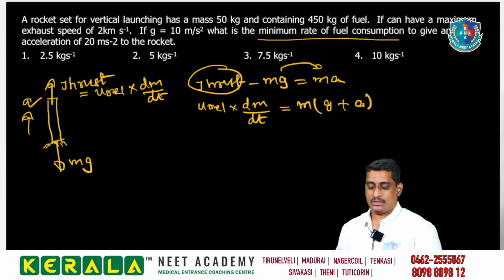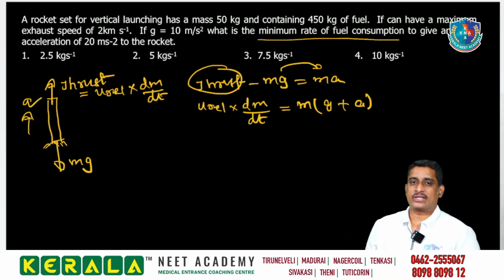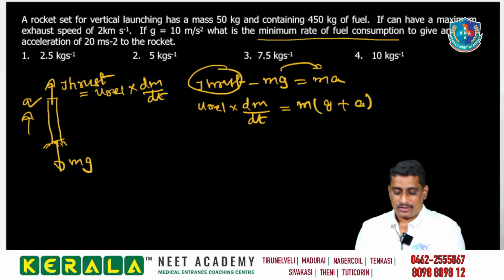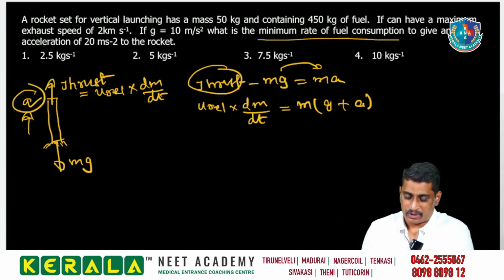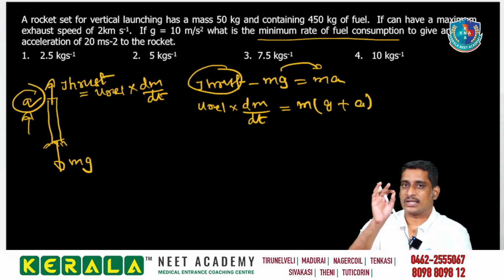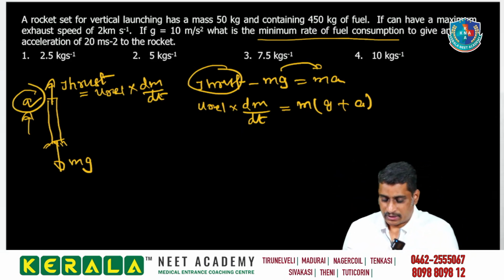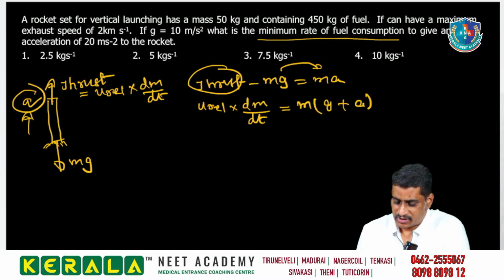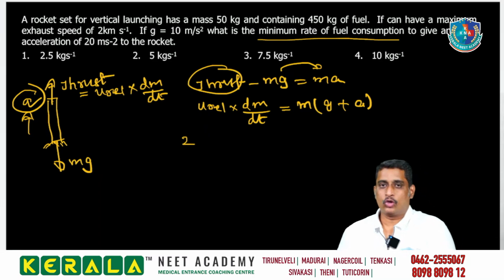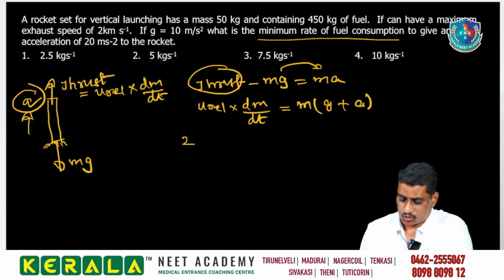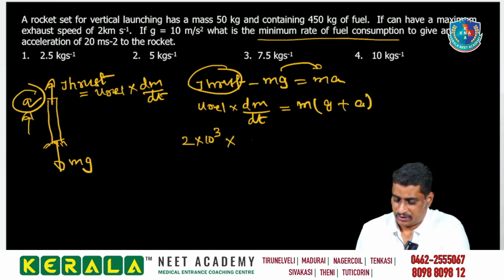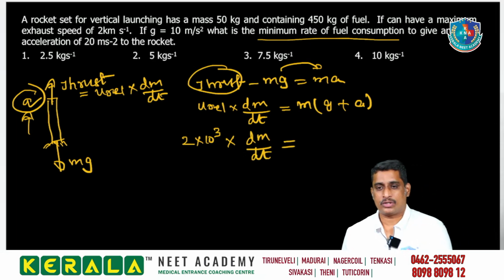In this particular question, our aim is calculation of dm by dt, the minimum rate of fuel consumption to give an initial acceleration to the rocket. In this diagram, this a represents the initial acceleration of the rocket at the time of firing. Then from this equation we can write, the velocity of the gases is given as 2 kilometer per second, so 2 into 10 raised to 3 meter per second into dm by dt. dm by dt we have to find out.